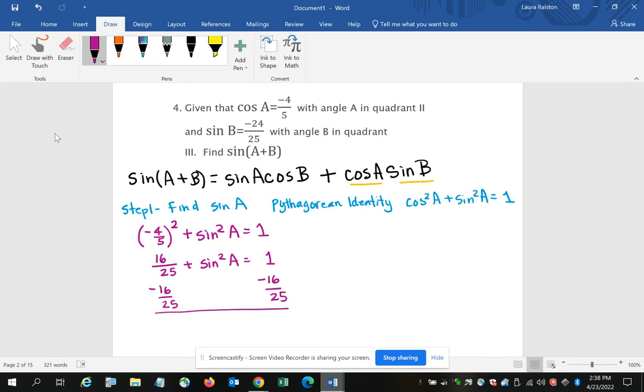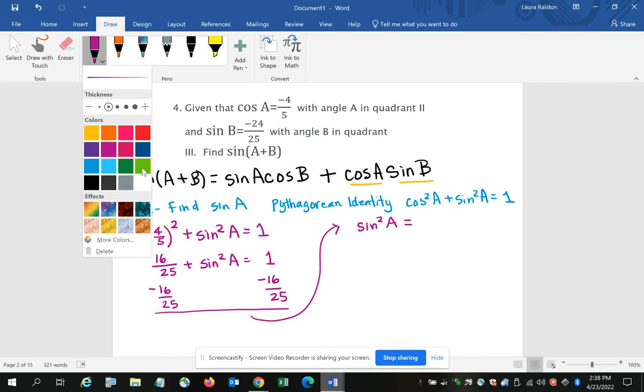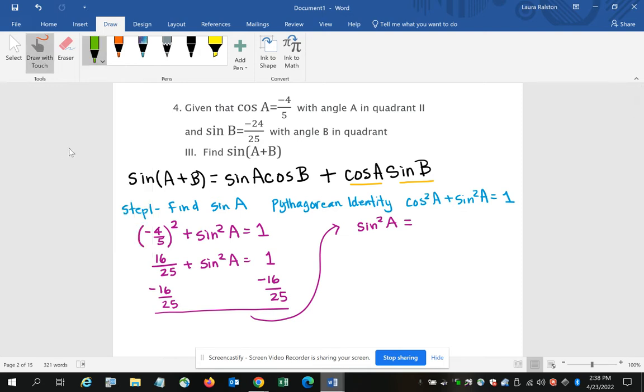I'm going to run out of space, so I'm going to take it over here to the side so that I have sine squared A equals. You have 1 whole, and you have to remember you need to find a common denominator. If I have 1 whole pizza that has 25 slices, that's 25 out of 25.